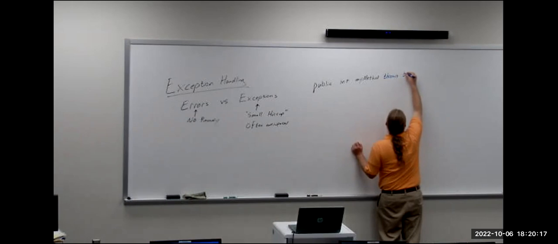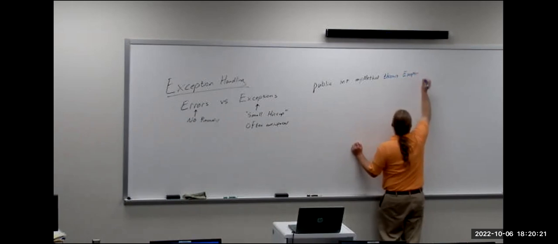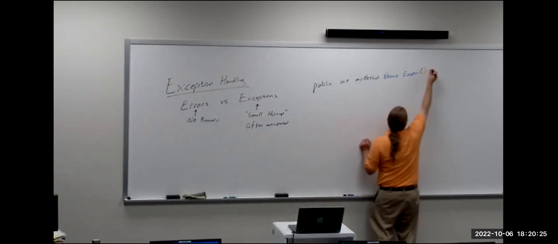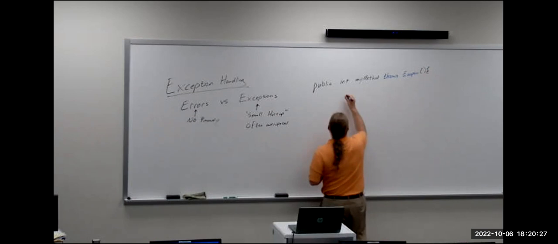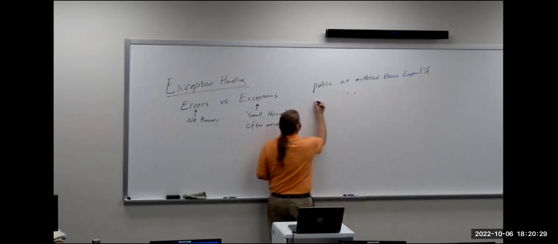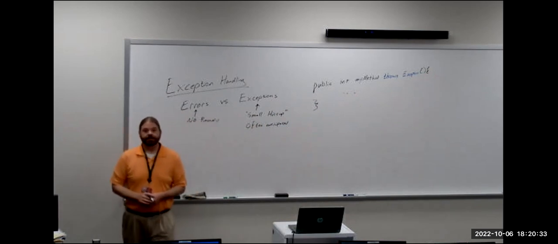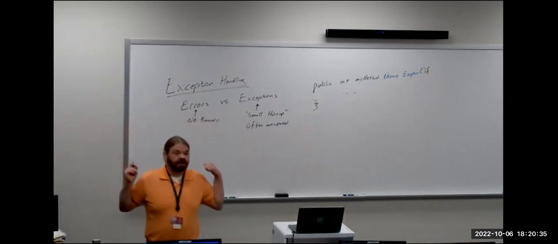Throws exception. Then finish out our method like normal. I'll just put dot, dot, dot, all the stuff that would go in there. And when we do it that way, it passes it back to the caller.